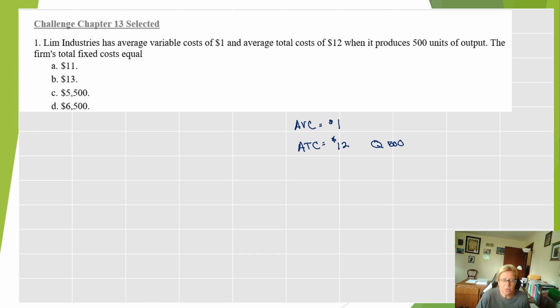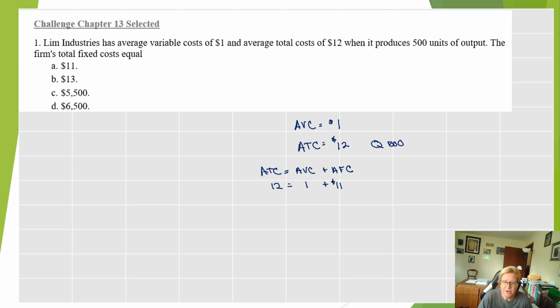The firm's total fixed cost, so they want fixed cost. If we remember that average total cost equals average variable cost plus average fixed cost, we get $12 is equal to average variable cost of $1 plus X, and X in this case would be $11.